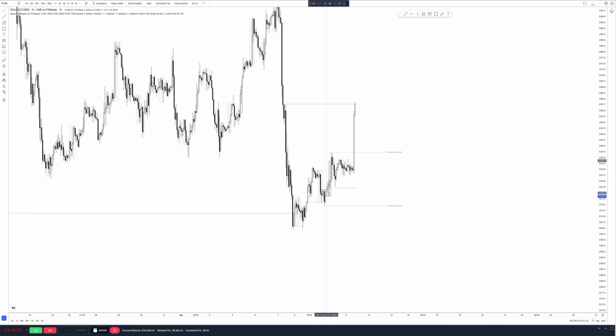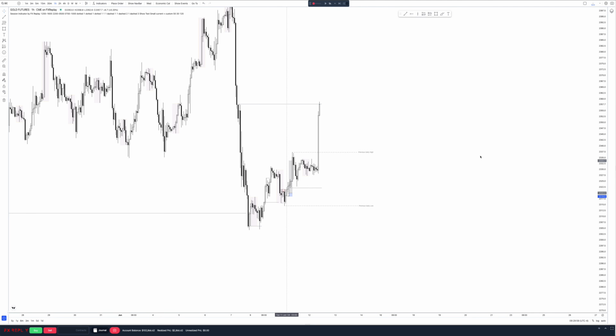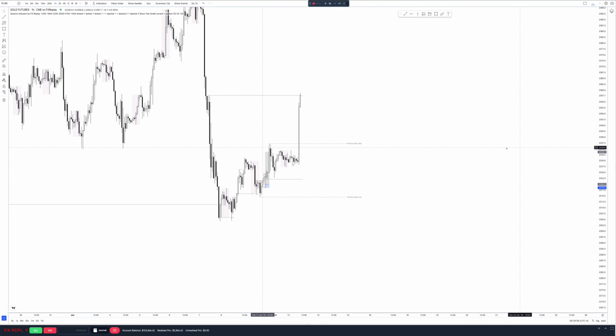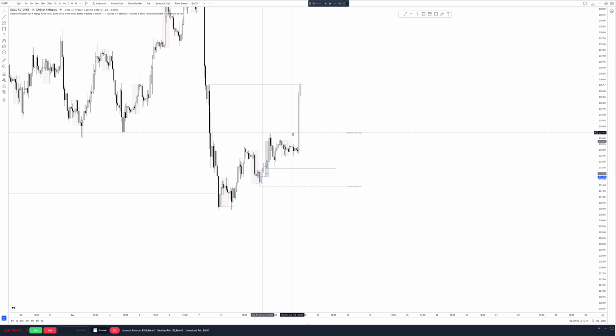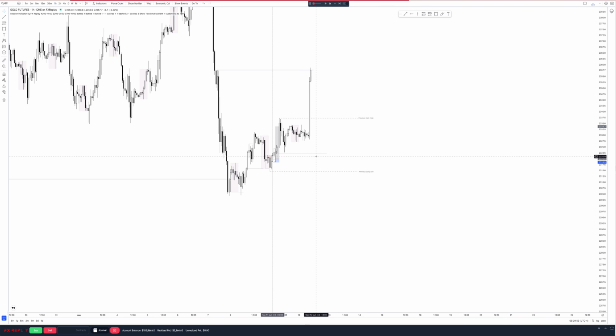And if shorts do happen, it will be nice to see shorts towards at least here, bare minimum. But now that we have previous daily high got swept, we do have previous daily low intact as well. But here's one target that I can possibly come for. And then obviously we also got previous daily low as well.